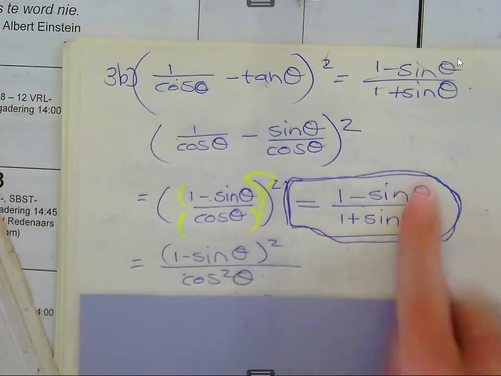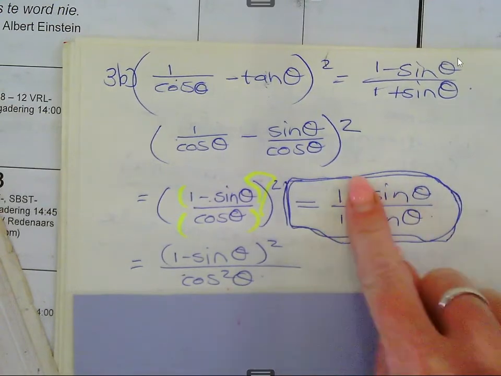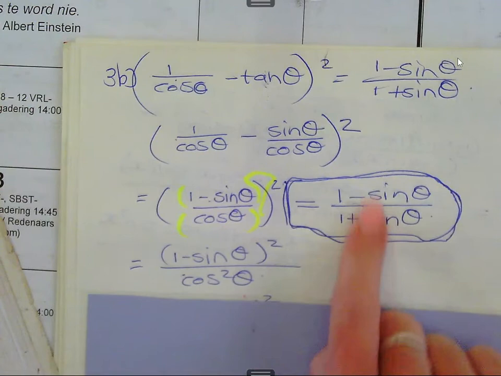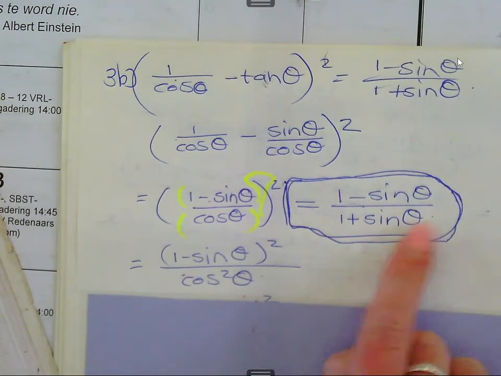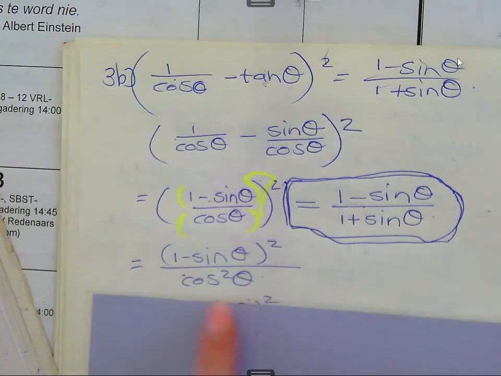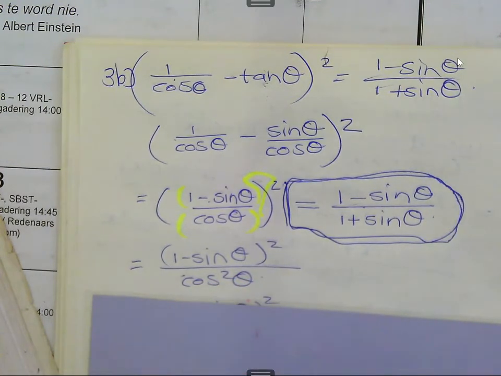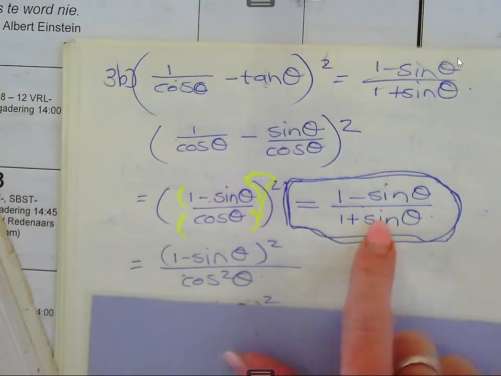So I have this at this stage. I just wrote that one there. Please don't write it. I wrote it to show that now I'm looking at the answer to see what I want. At the bottom I want 1 plus sin theta. So when I have cos squared theta, I know I'd rather change it to 1 minus sin squared theta. That gives me the hint that I want to do that.